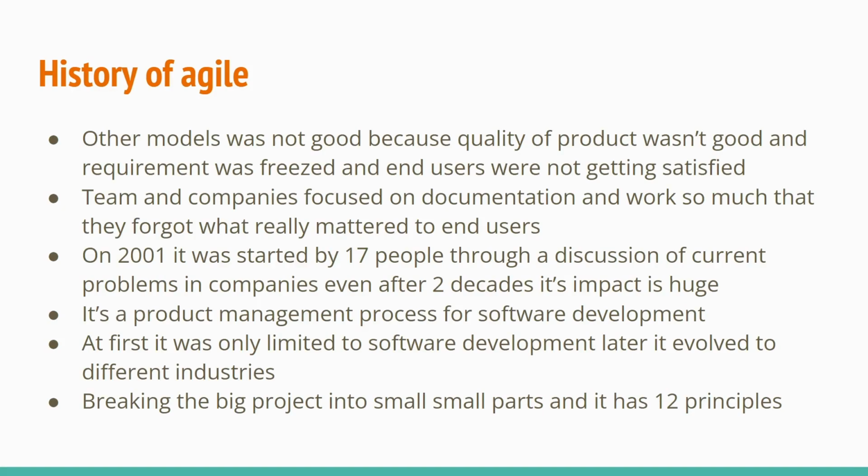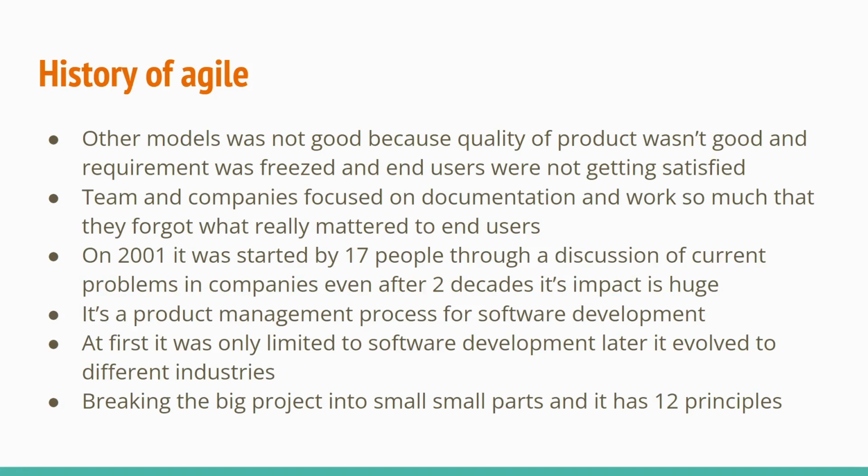Agile was started in 2001 by 17 people through a discussion. The discussion of problems in companies has a huge impact even after two decades. What does this mean? In 2001 a group of people identified the problem with the current processes.